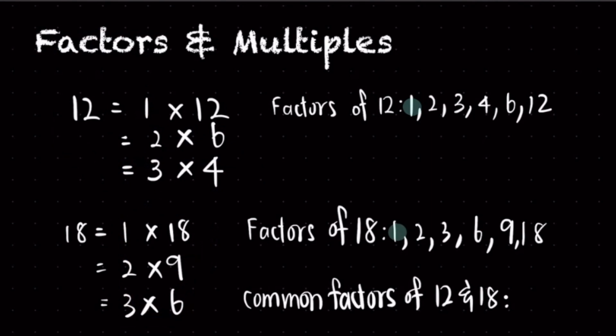Okay, we have 1, 2, 3, 4, nope, 5, nope, 6, yes. So we have these numbers and they are common factors. 1, 2, 3, and 6. So these numbers are the common factors of 12 and 18.